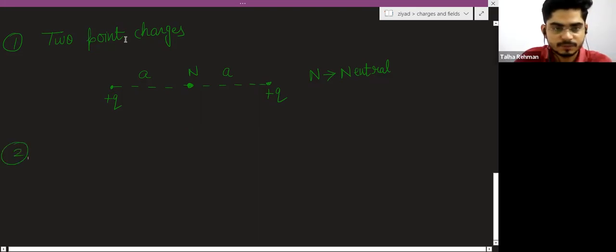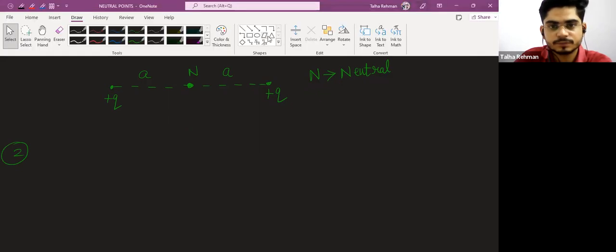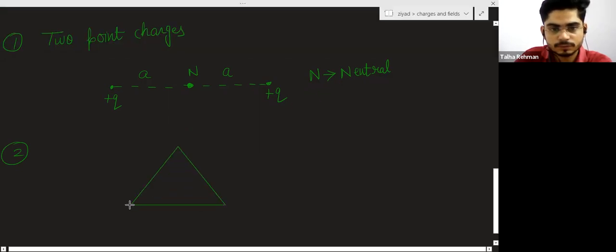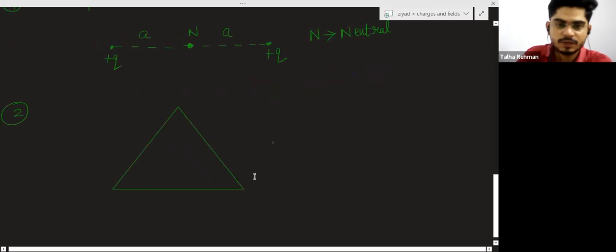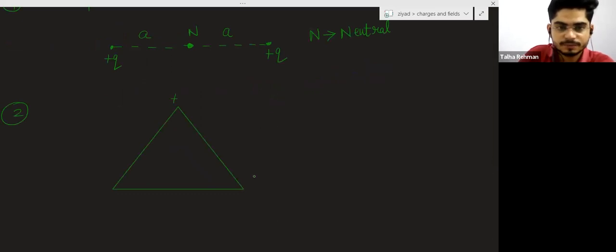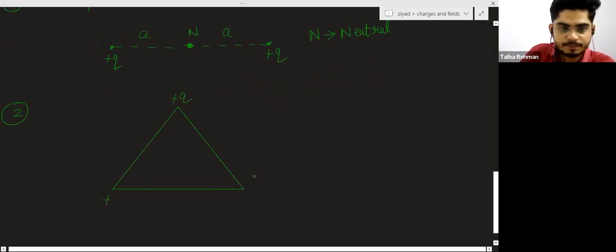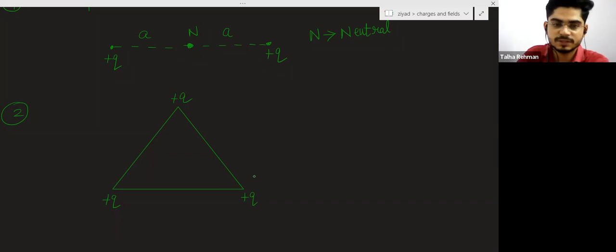Second, suppose we have a triangle, and 3 plus q charges are placed at the 3 vertices, and this is the center, the centroid of this triangle.